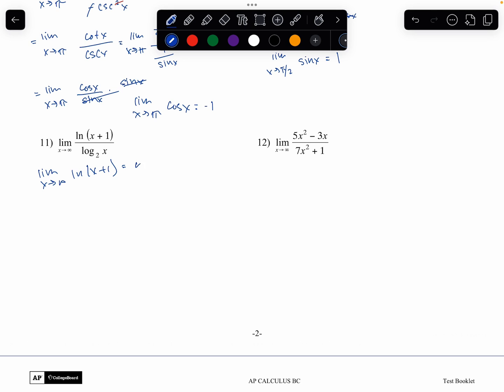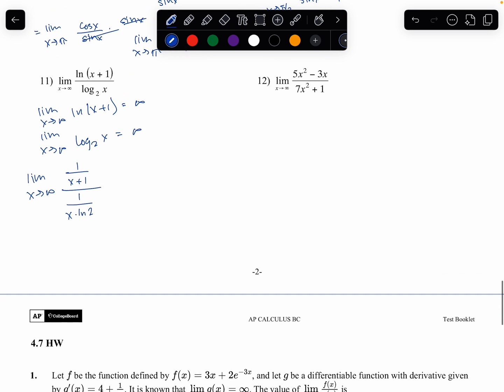So this is going to be infinity, and the limit as x approaches infinity of log base 2 of x is still infinity. So we can use L'Hopital's rule. The derivative of the natural log of x plus 1 is 1 over x plus 1, over the derivative of log base 2 of x, which is going to be 1 over x times the natural log of 2, if I remember my derivatives of logs correctly.